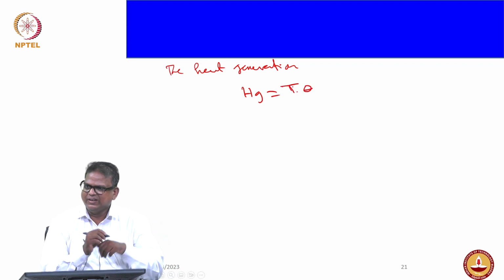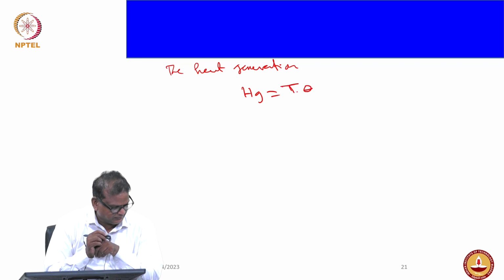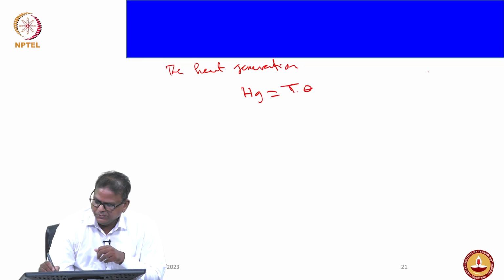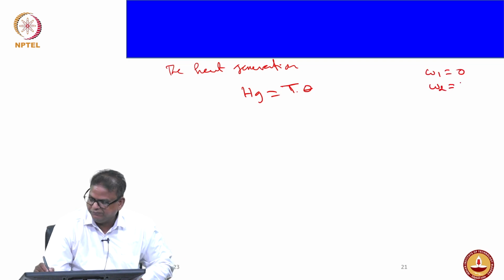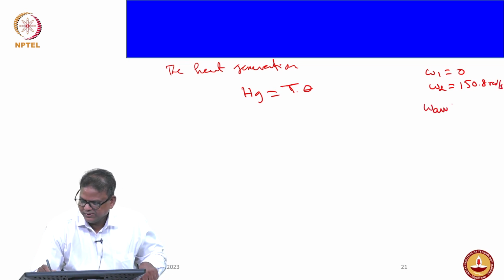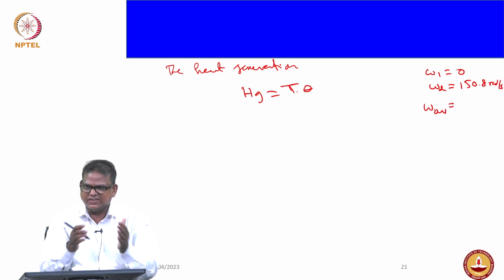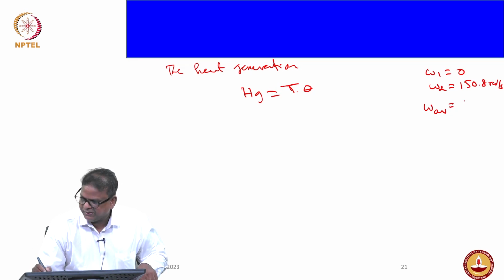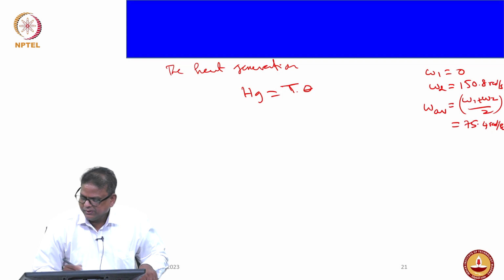T is already known, we have to find theta. Omega 1 equal to 0, omega 2 equal to 150.8 radian per second. We need the average velocity during the entire operation, omega 1 plus omega 2 by 2, similar to the brake, which gives 75.4 radian per second.